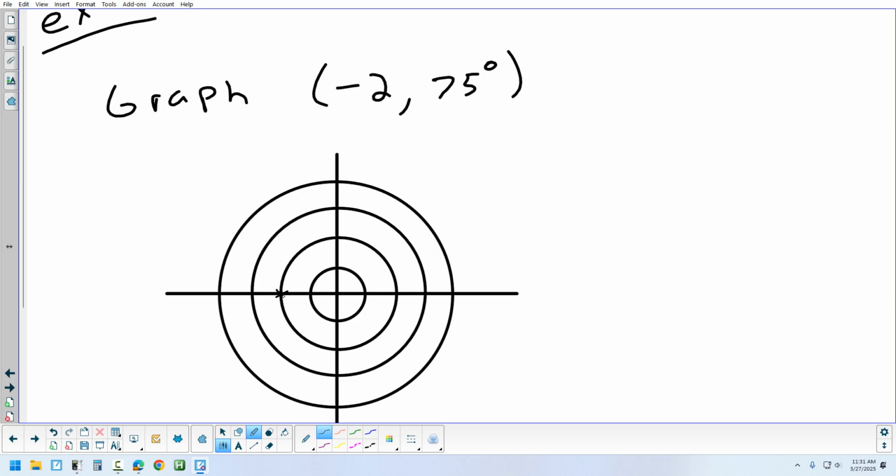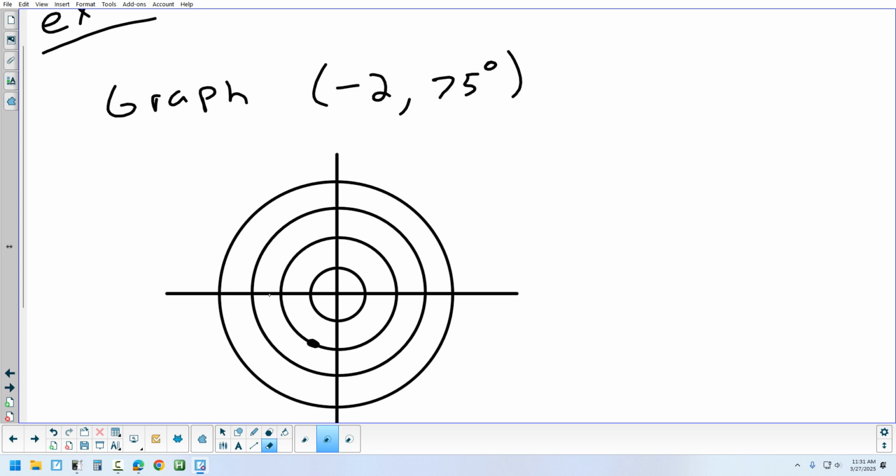If I went the whole quadrant, that would be how much? 90. Yeah, if you go from axis to axis, that's 90. So we're a little bit before. And that's how you graph -2, 75 degrees.